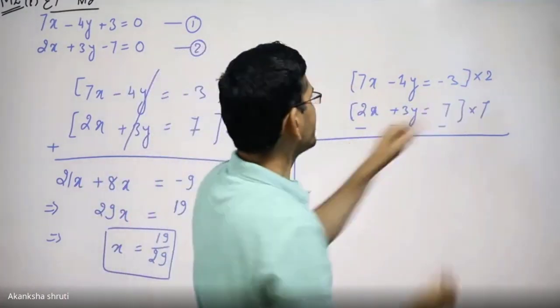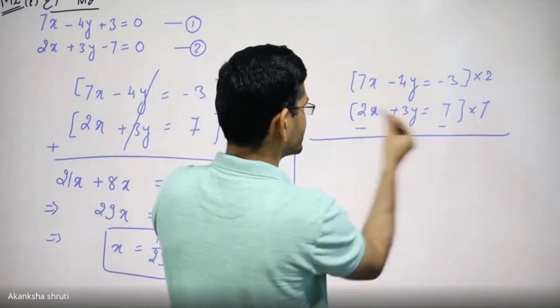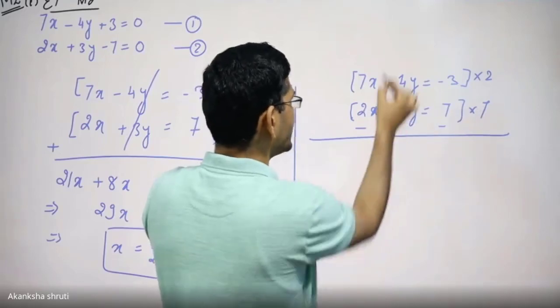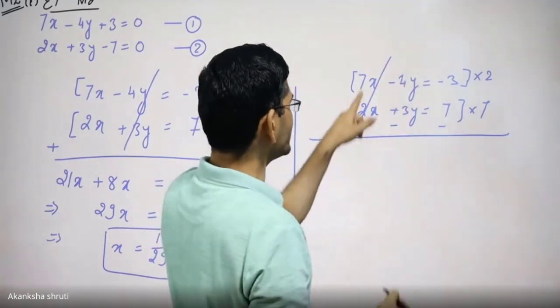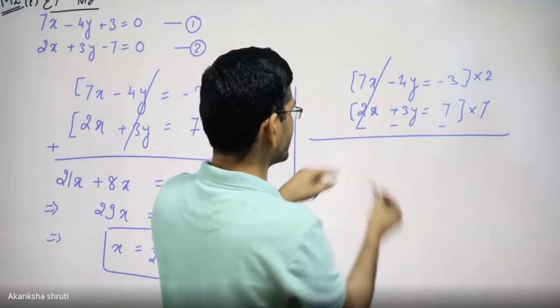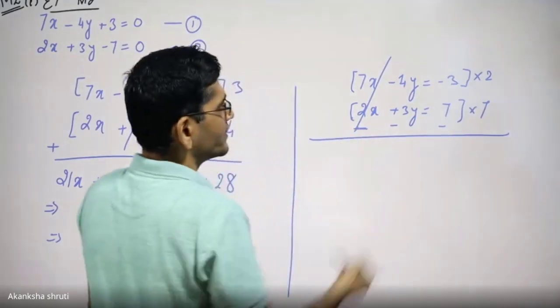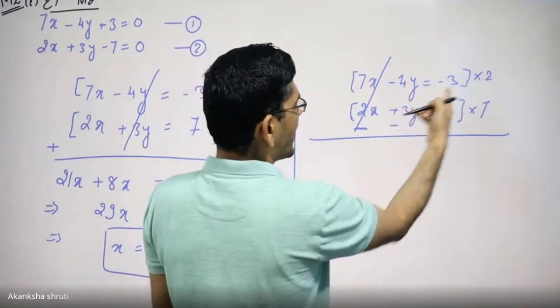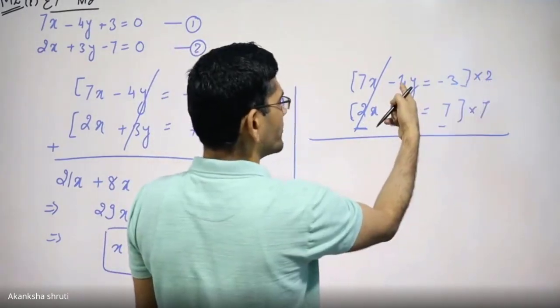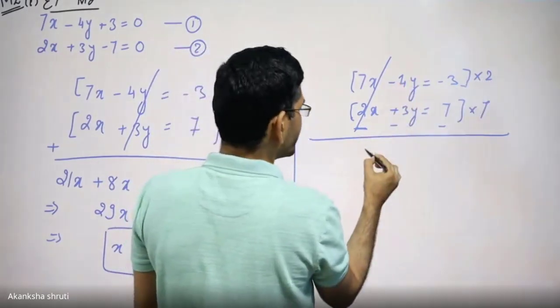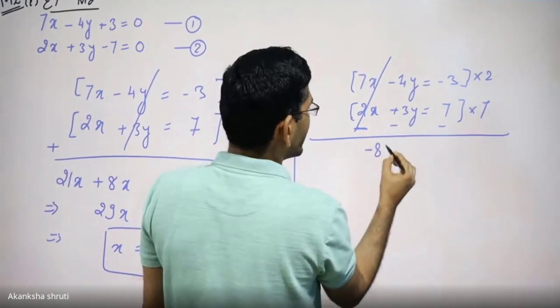Here 7 2s are 14 and 2 7s are 14. The x term is getting cancelled. First one is positive, the second one is negative. This is the sign that we have written. Now coming to this y, 2 into minus of 4, it becomes minus of 8y.